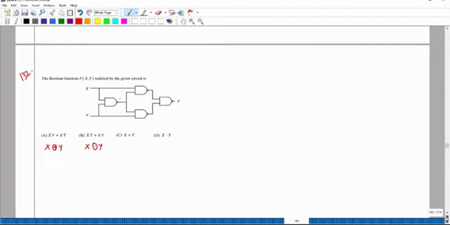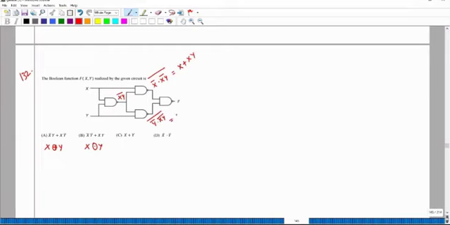First let me multiply this one, XY the whole bar, right? So this is nothing but X bar into XY the whole bar. And what is this one? Y bar into X bar Y bar the whole bar. So this I can write as X plus XY.